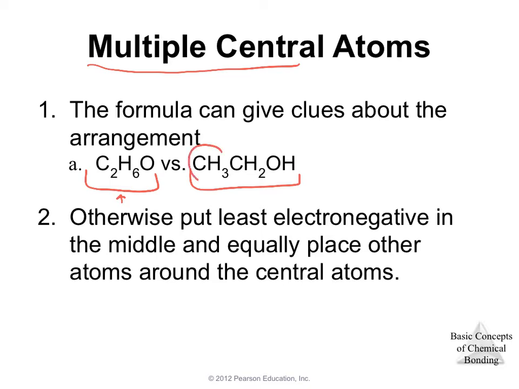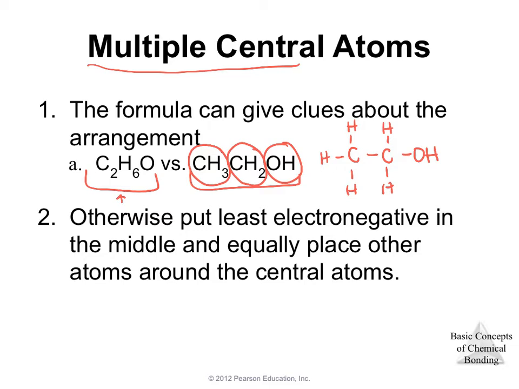So the CH3 is going to be carbon with 3 hydrogens around it. Then CH2 comes next. Then the OH comes. Sometimes with organic compounds like this, it breaks it up. So either way to write it is correct. That second one just gives you a little bit more idea about where things go.